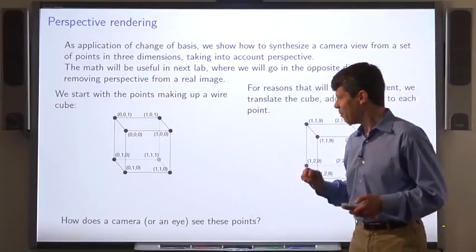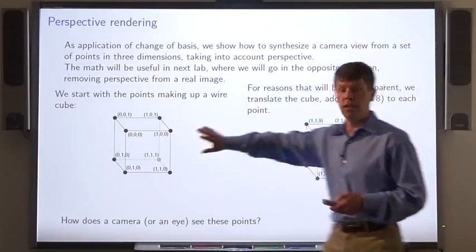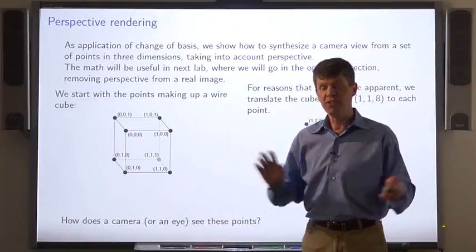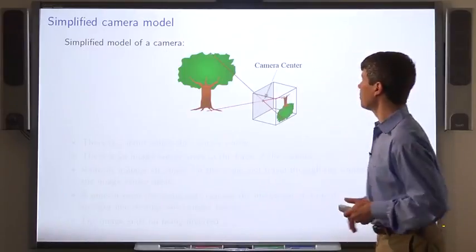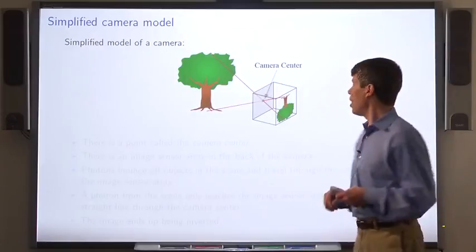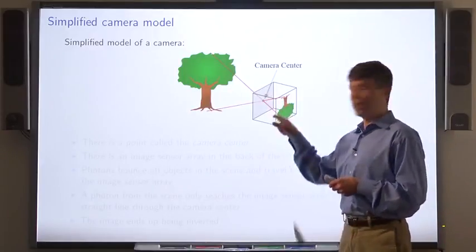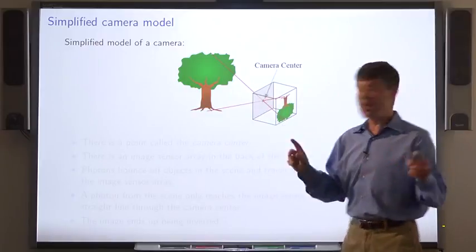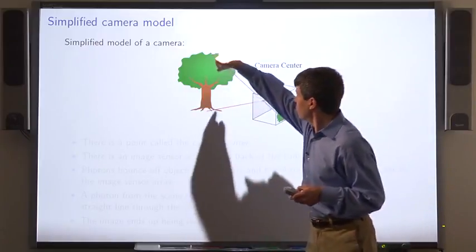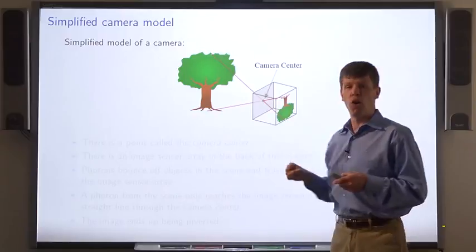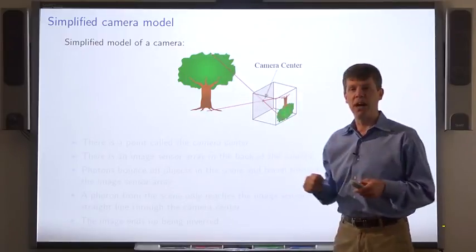Now, how does a camera or an eye see these points? So we have to start talking about cameras. Here's a simplified model of a camera called a pinhole model. There's a box with a hole here, and the light from the scene goes into the camera through the hole and hits the back of the box.